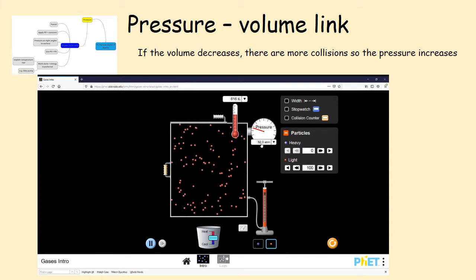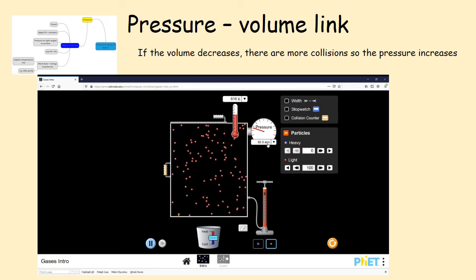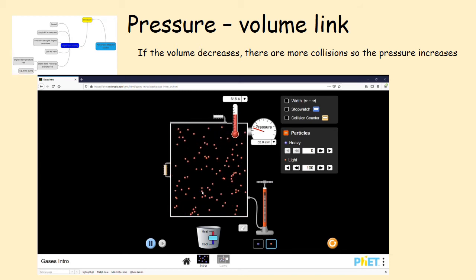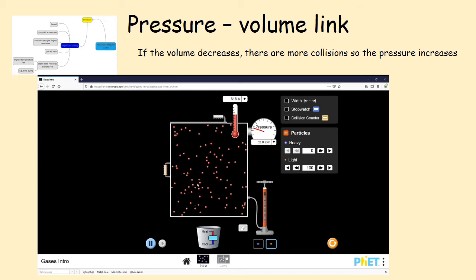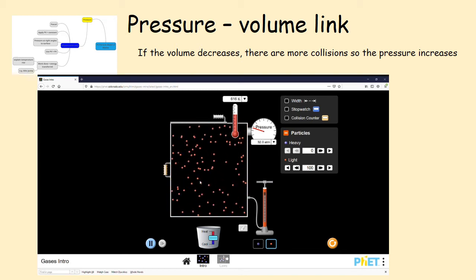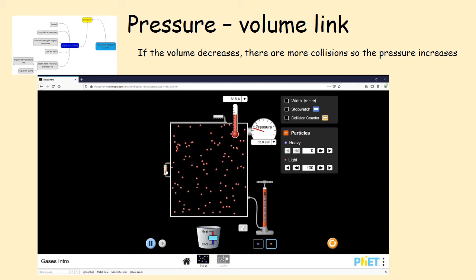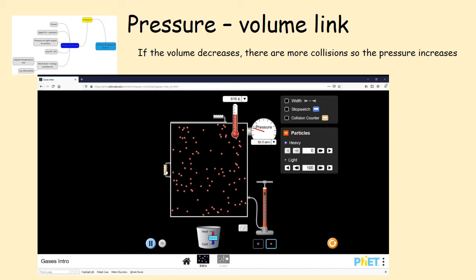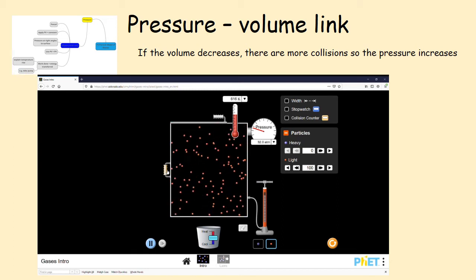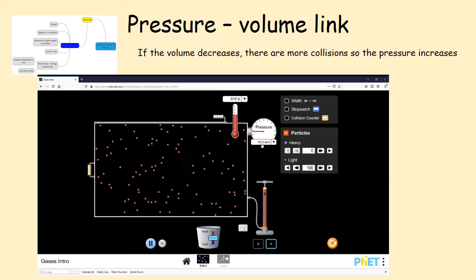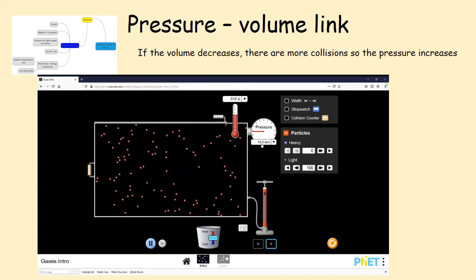So the pressure now is 32 times the atmosphere, and my volume has halved. And we're going to be bearing that in mind when we derive the equation to link pressure with volume. So going back to the original again, we have a pressure of 32 at that volume. If we double the volume, the pressure has now halved to 16.